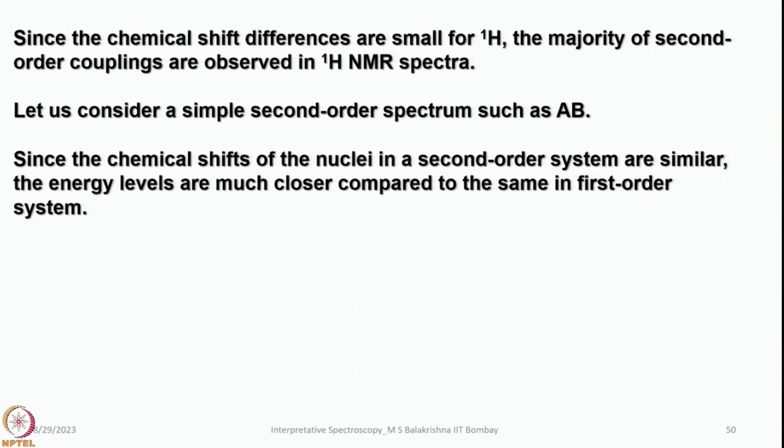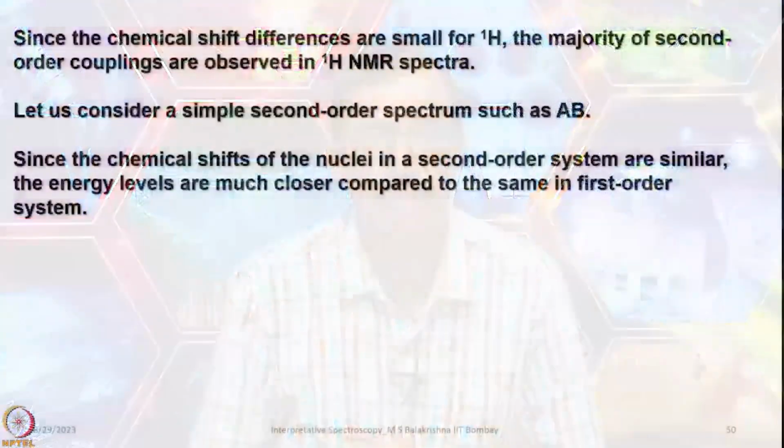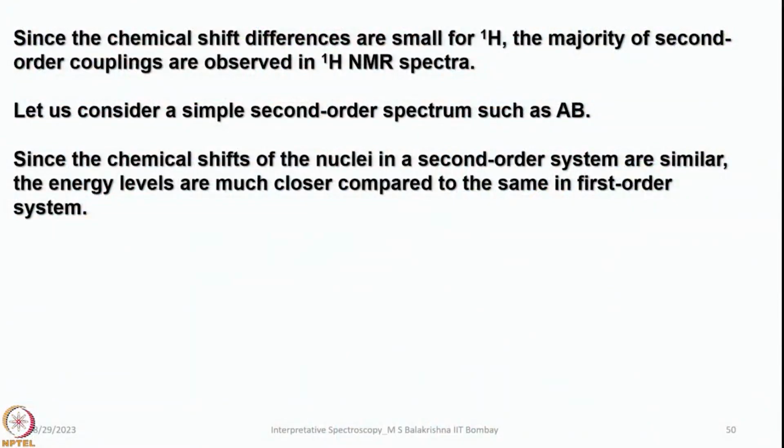Otherwise in most organic molecules it does not go beyond 10 ppm. As a result, since chemical shift differences are very small in 1H, the majority of second order couplings are observed in 1H NMR spectra, and we also come across them in phosphorus NMR. So let us consider a simple second order spectrum such as AB.